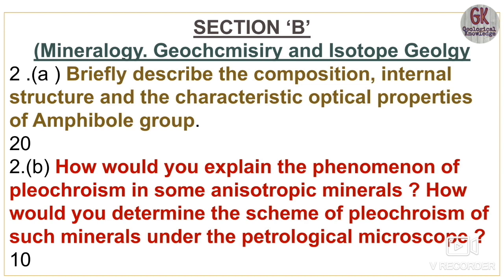In each year you will get one family. So here the amphibole family we have to discuss: their composition, their internal structure, their characteristic optical properties. Optical properties means its cleavage, their prominent cleavage, that is important, or their extinction angles.